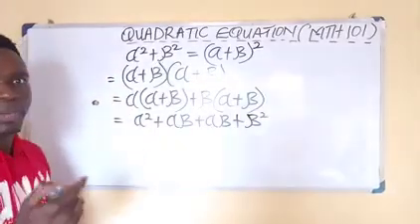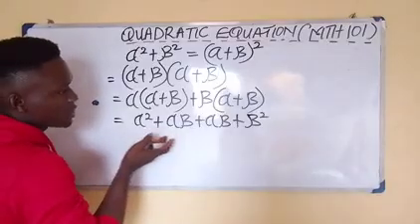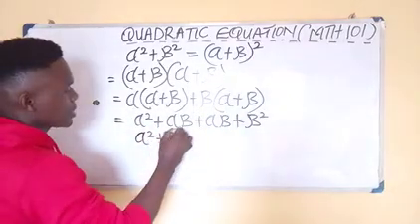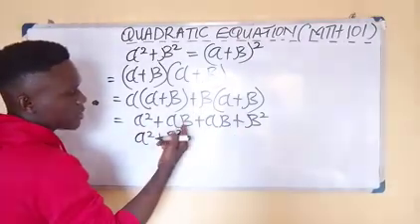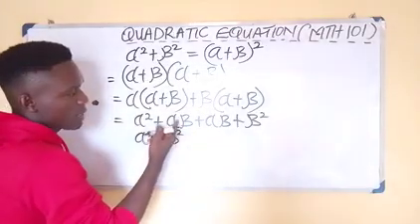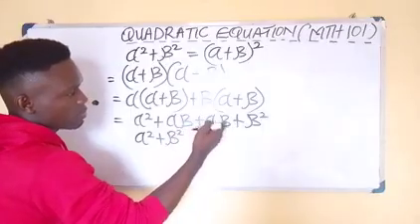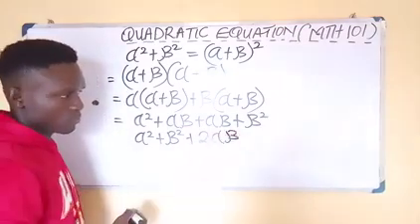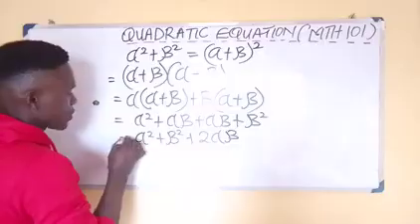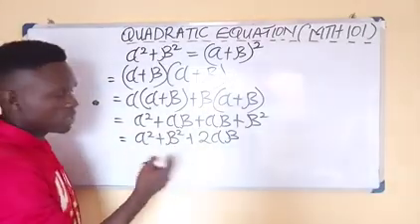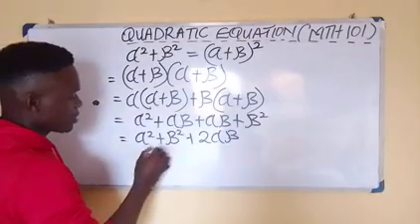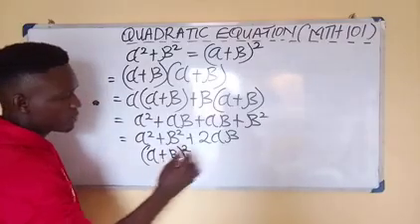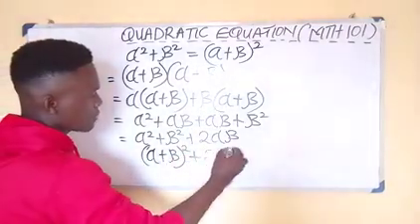So if I rearrange this expression, I'll be having alpha squared plus beta squared, then alpha beta plus alpha beta, I have 2 alpha beta. So alpha squared plus beta squared simply means alpha plus beta all raised by 2, then plus 2 alpha beta.